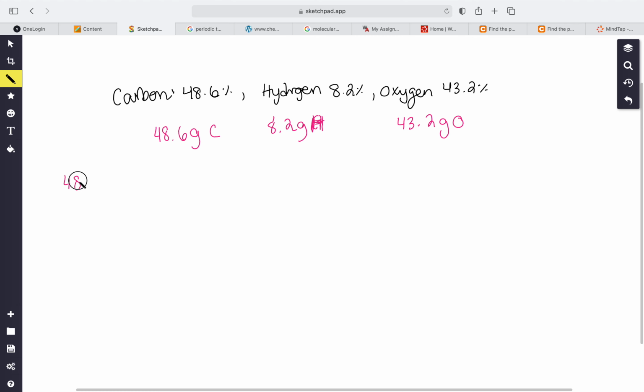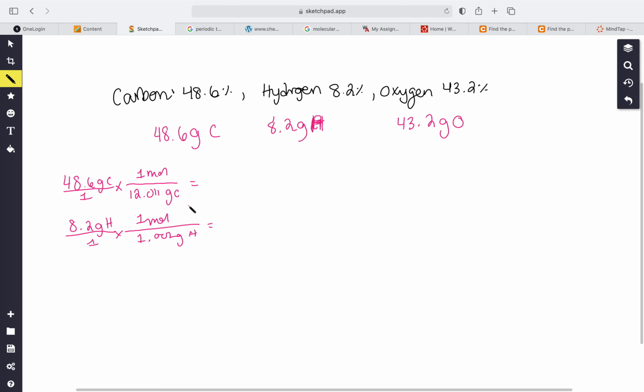So we have 48.6 grams of carbon times 1 mole of carbon per 12.011 grams of carbon. 8.2 grams of hydrogen times 1 mole per 1.008 grams of hydrogen.